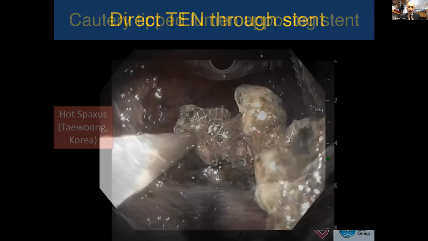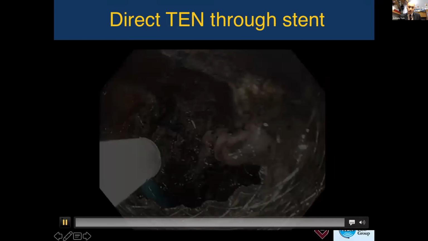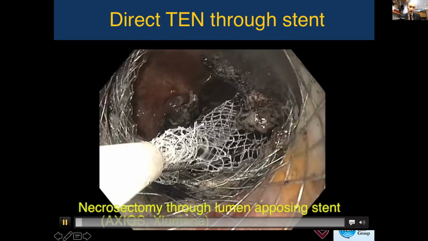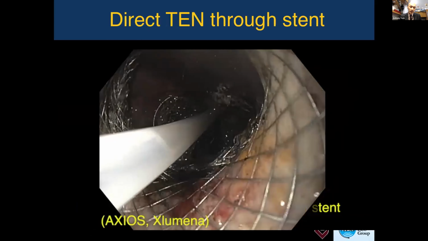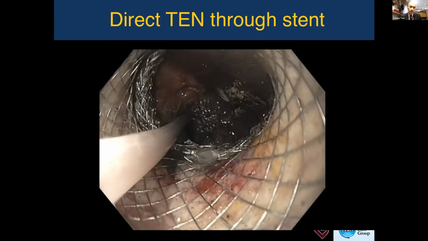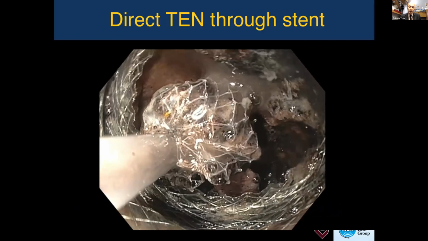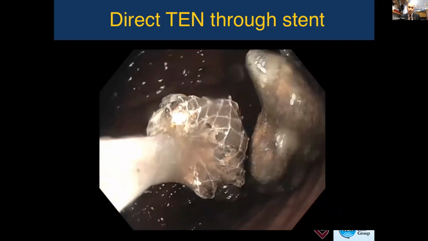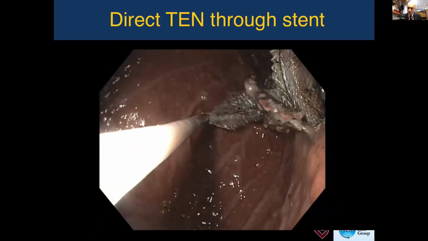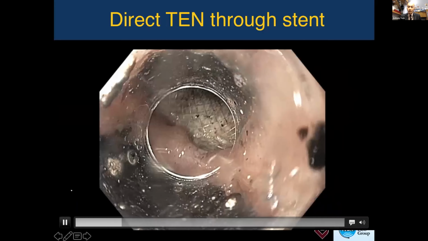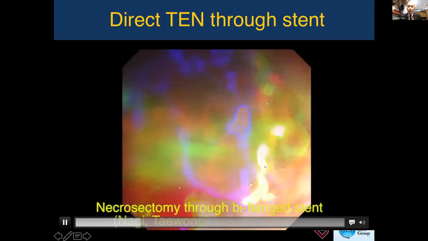So with all these large size luminal opposing stents, we can perform intervention. With the stent in situ, we can perform endoscopic necrosectomy. And the stent can be placed in situ, and then we don't need to remove the stent.